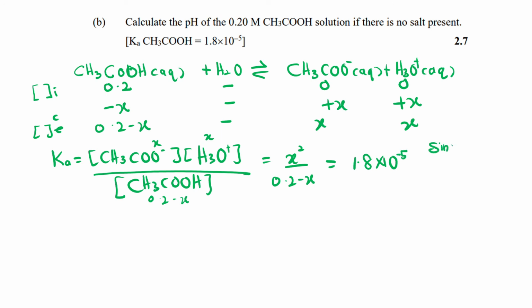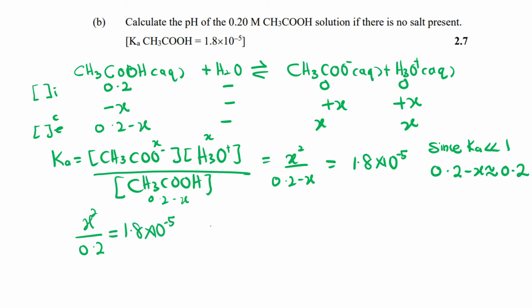So again, since Ka value is too small, so 0.2 minus x is almost 0.2. Jadi kita substitute saja nilai di sini. X square over 0.2 equal to 1.8 exponent negative 5. So for x, kita dapat x is equal to 1.897 exponent negative 3.